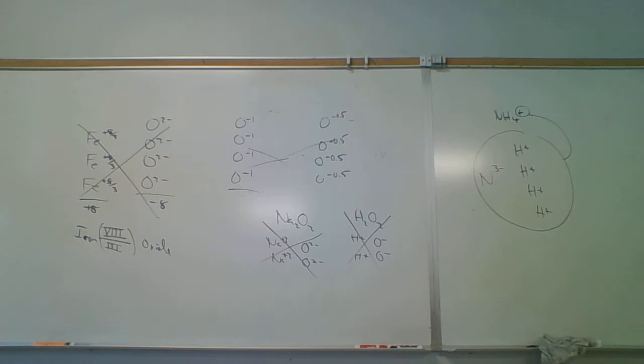This has to add up to -8. The way to get the irons to add up to +8 is we get 2 iron 3 pluses and 1 iron 2 plus. So if we have 2 iron 3s and 1 iron 2, that adds up to 8. So this is a mixed cation salt. We have iron 3s and iron 2s in this compound. It's magnetite.